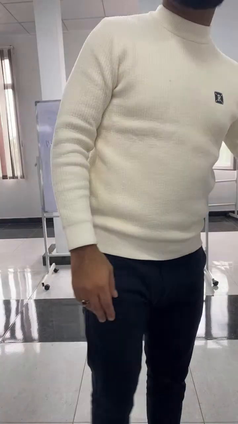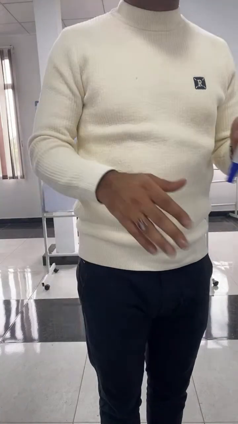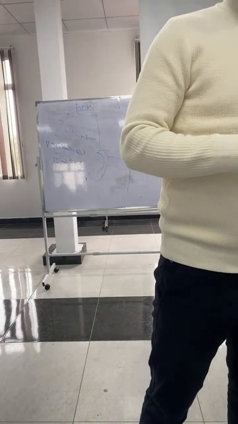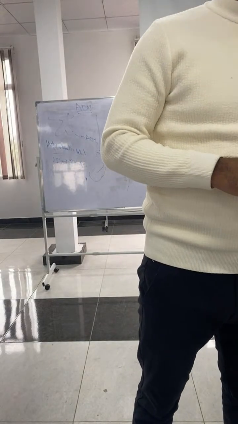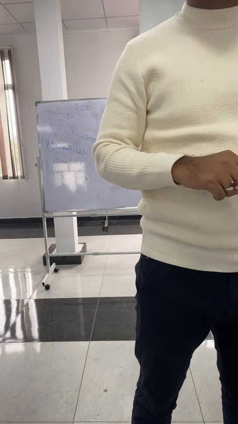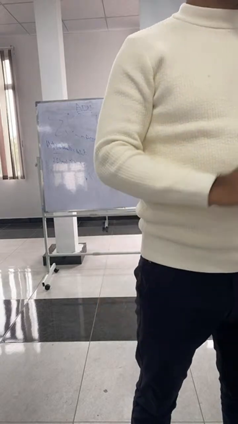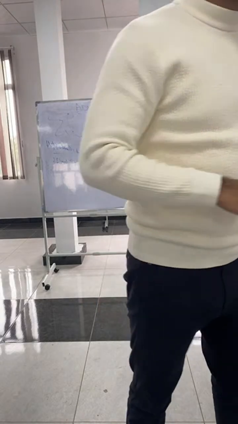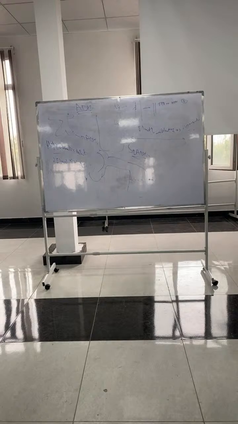After that 130, 135 or 133, then 140, like this. If you change the level of sodium very fast, it will affect the brain, and this condition is known as central pontine syndrome. Understand or not? Yes, sir. This can lead to central pontine syndrome.